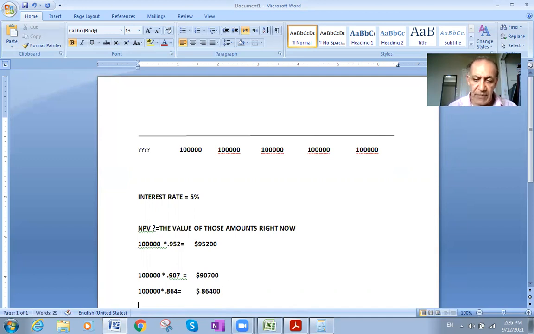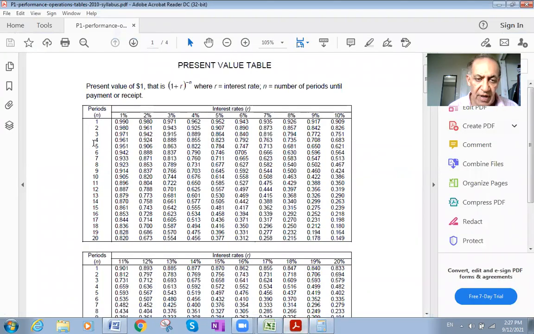Fourth year as well, you will do the same thing. This is the 100,000 of the fourth year. And I will see here in the tables, after 4 years, under the number of 5%, 1, 2, 3, 4, it will be 0.823.